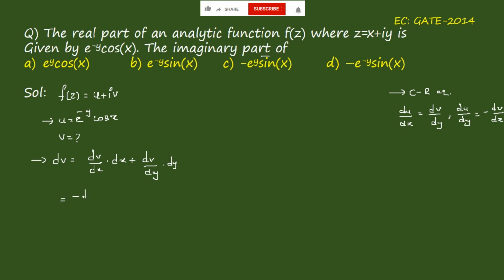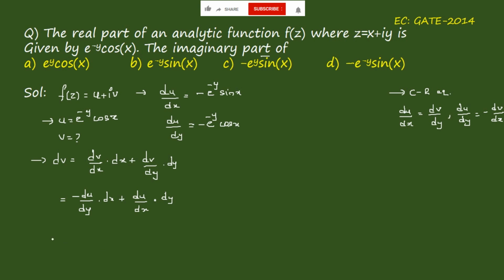It becomes minus of du by dy into dx plus du by dx into dy. So we are finding the value of du by dx and du by dy. Here we get du by dx is equal to, if you differentiate with respect to x, minus e power minus y sin x, right? And du by dy is equal to minus e power minus y cos x.